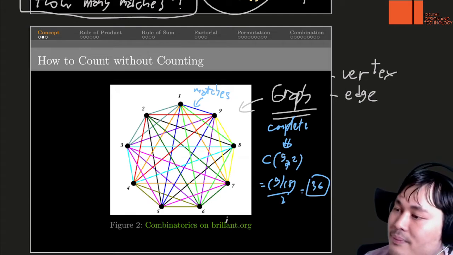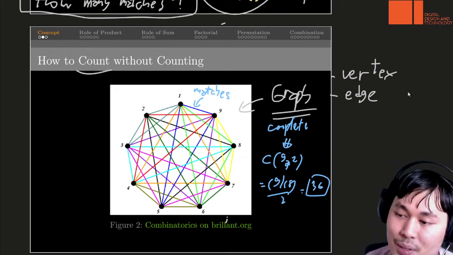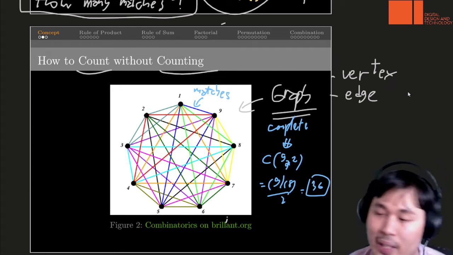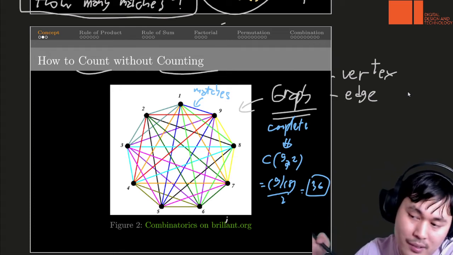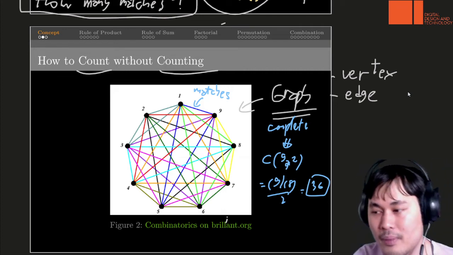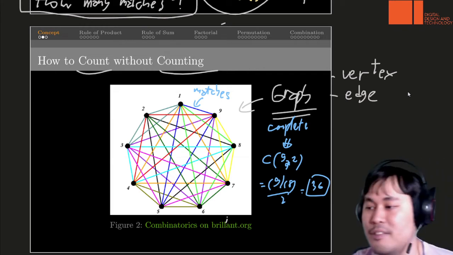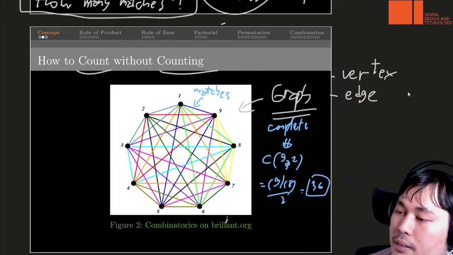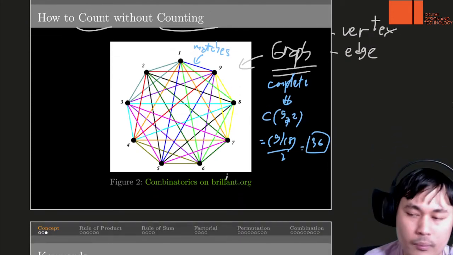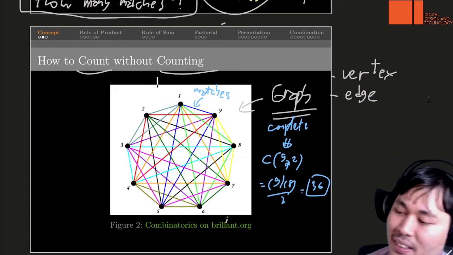Something like that. So once we know some kind of techniques, we can count without counting. We can count by translating this kind of problem into something else that we are familiar with, or that we have a formula for already, and then just apply that formula to this problem. So that's how you count without counting.